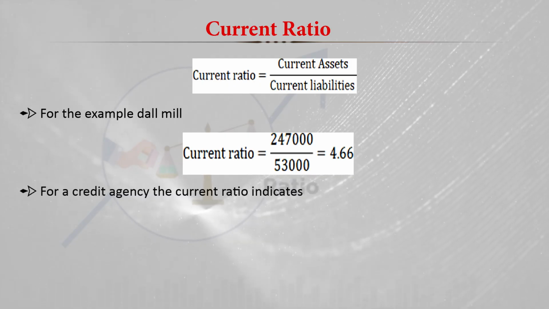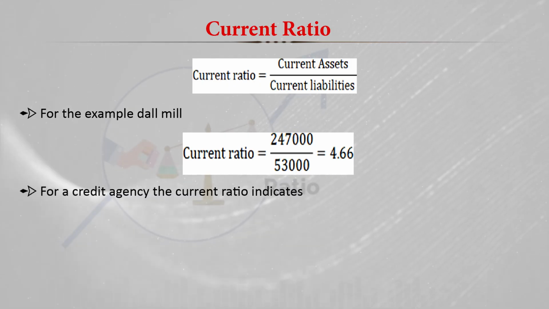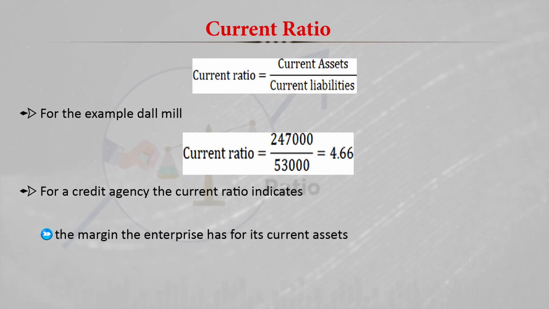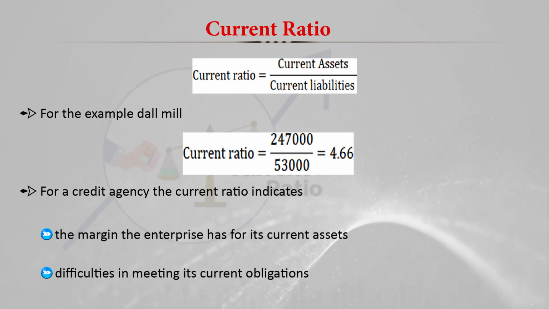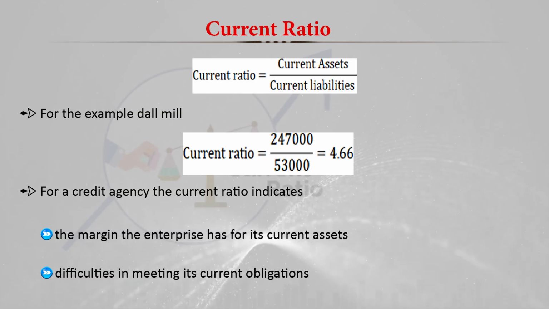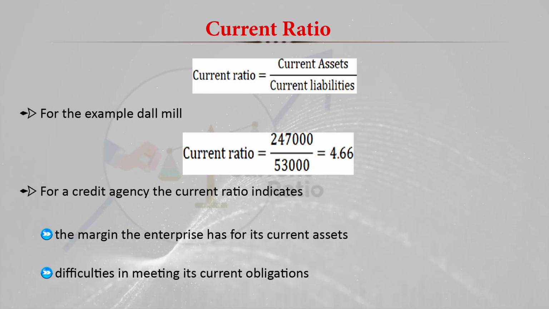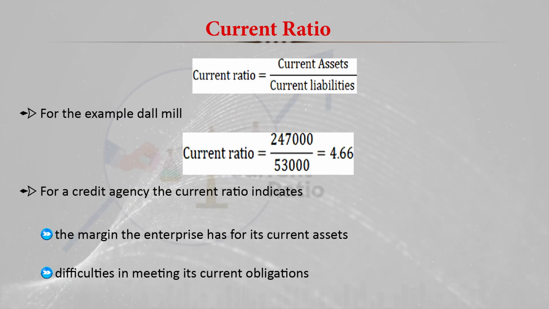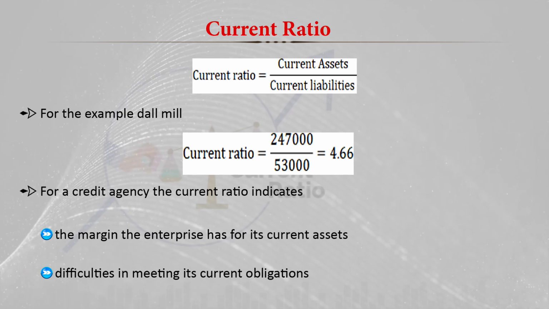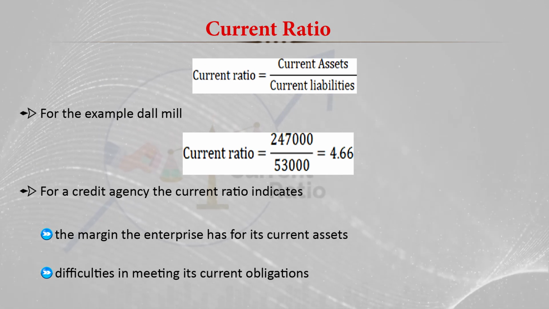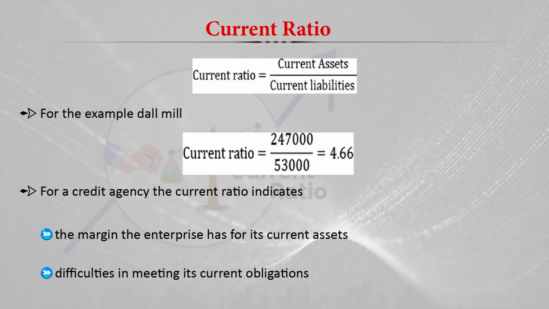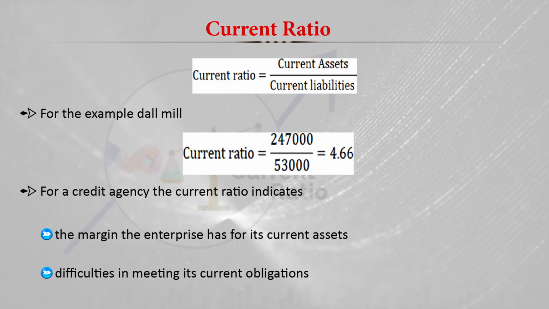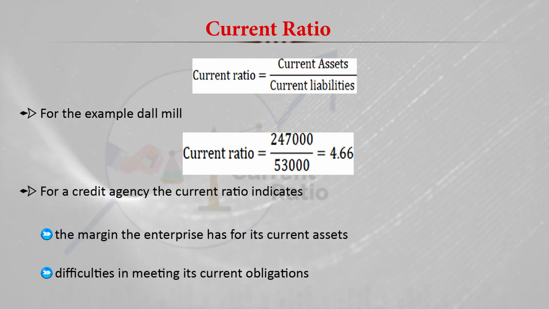For a credit agency, the current ratio indicates the margin the enterprise has in its current assets, and it also shows any difficulties in meeting the current obligations. It is a very important ratio, as it shows whether the firm is in a position to manage the current liabilities with the available current assets.